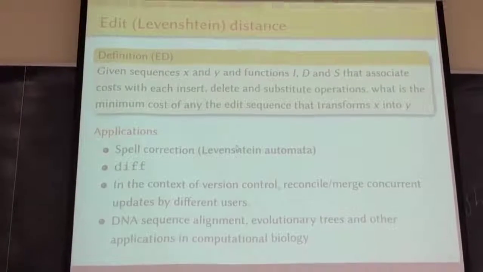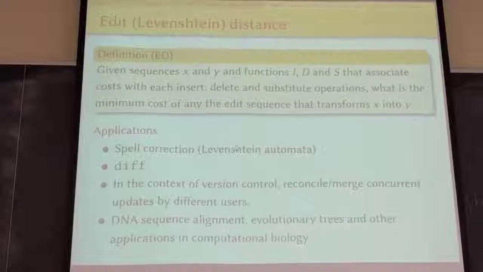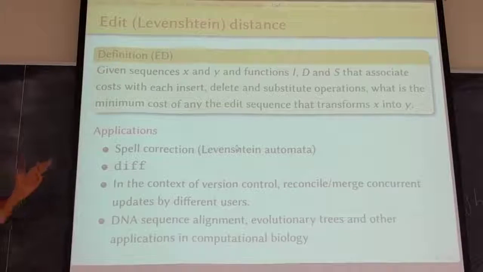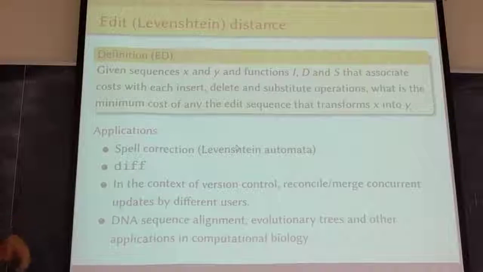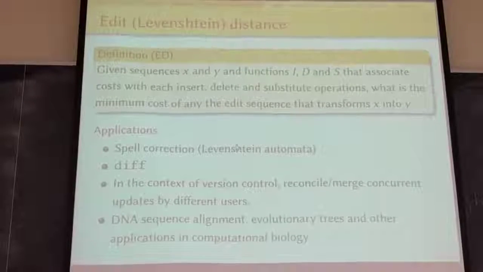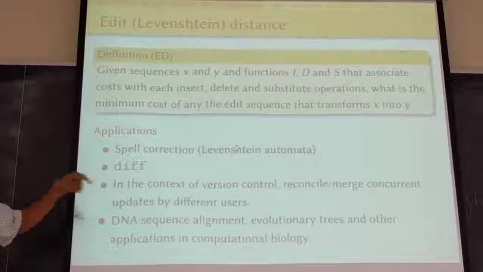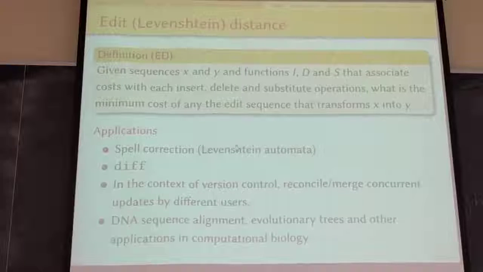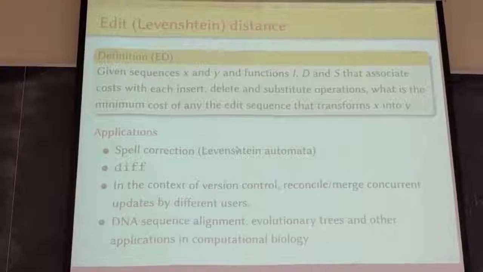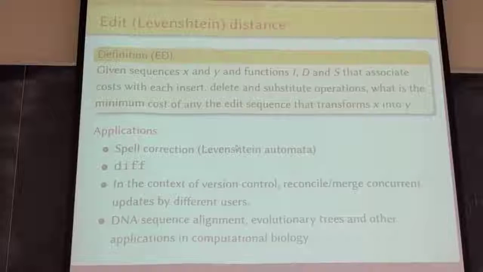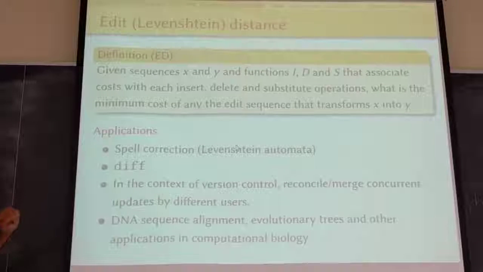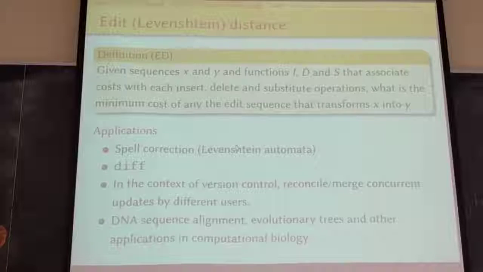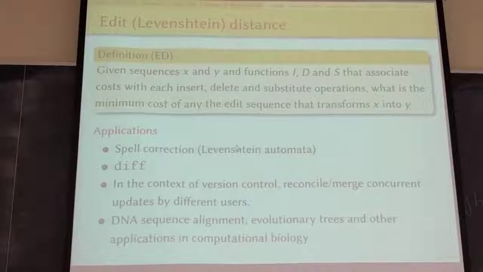Diff is a program that presumably all of you have used, and it is based on edit distance. We'll talk in a fair amount of detail about diff. In the context of version control, Git and SVN and many other systems are based on edit distance.